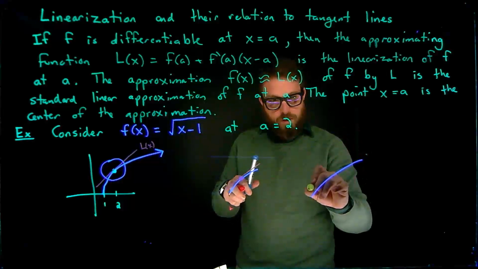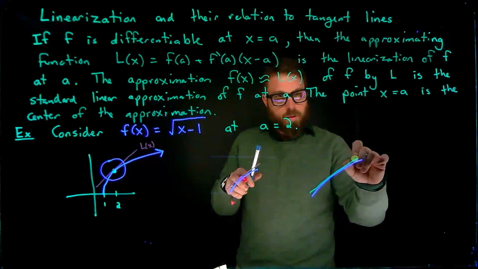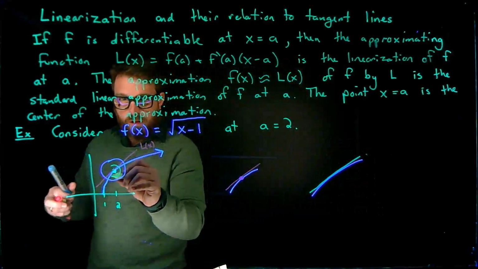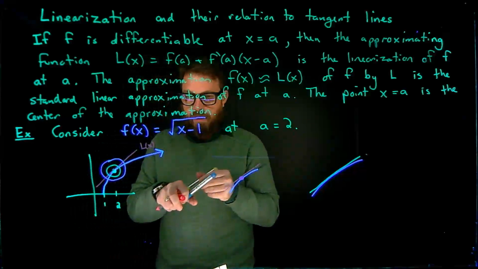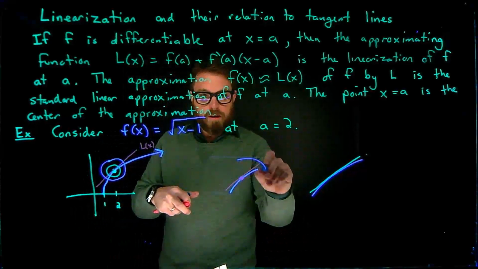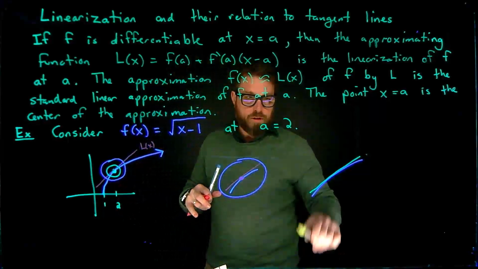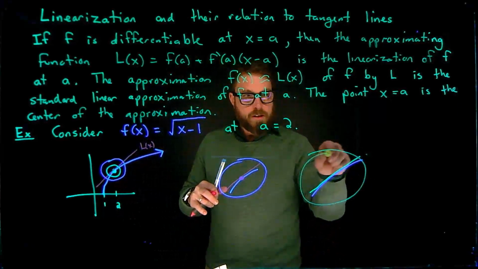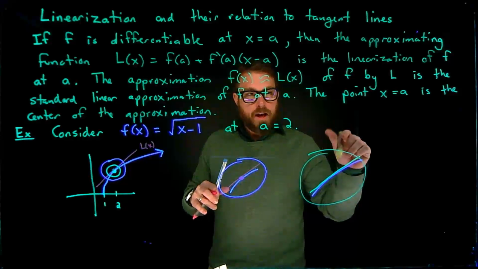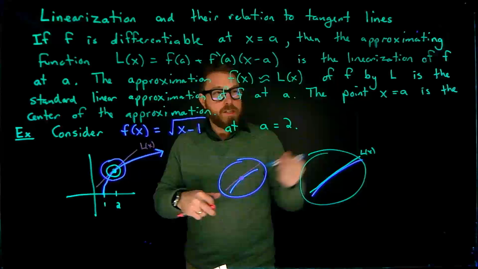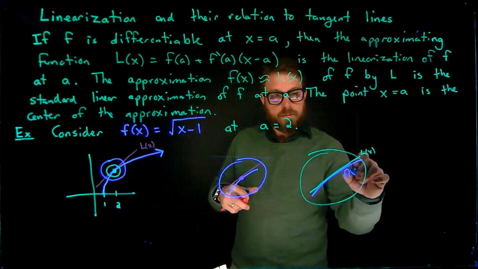So, with this one being the blue zoom, and this one being that yellow zoom, you can see the closer we get, the L of x looks very, very similar to f of x.